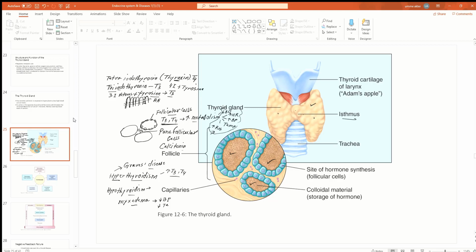So body temperature is also low. If you touch the skin, the person's body, you will see it's colder than normal people. Body weight can increase. So it's opposite of hyperthyroidism. This is due to hypothyroidism.